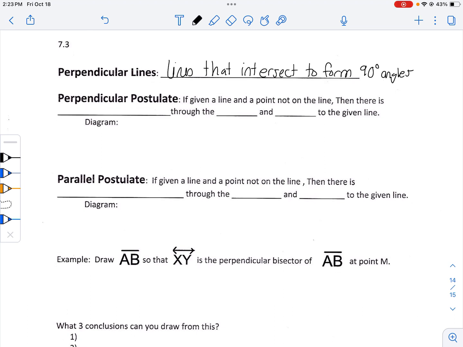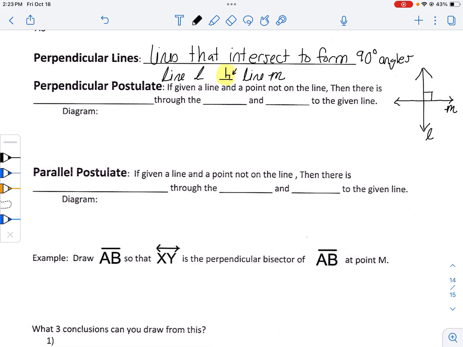For example, if I draw this first line, I'm going to call that line L, and then draw this line to intersect, we'll call that line M. If I show that there is that 90-degree angle, then I can say that line L is perpendicular to line M. Notice the symbol for perpendicular. It looks like a little upside down T. That's meant to help us notice the perpendicular right there. You don't need the little square in the corner, but that's what that symbol means.